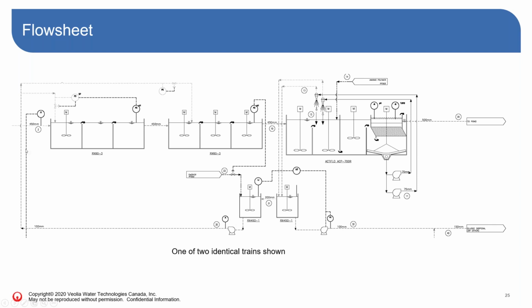We have sludge circulation taking place, as we usually do for metal removal. We're showing only one train on this slide, but to get the capacity, that was a system where we needed to have 2 identical trains in parallel.